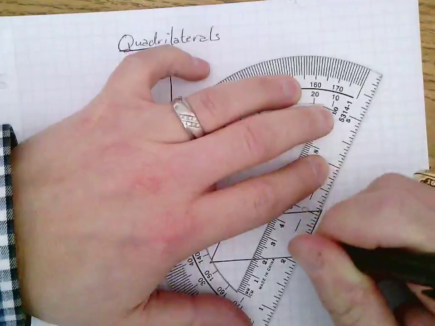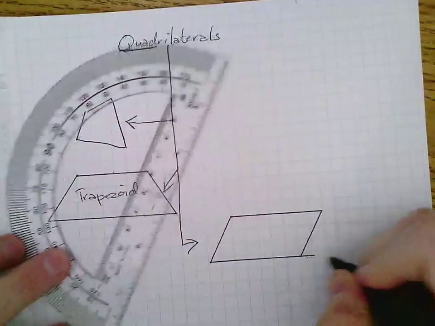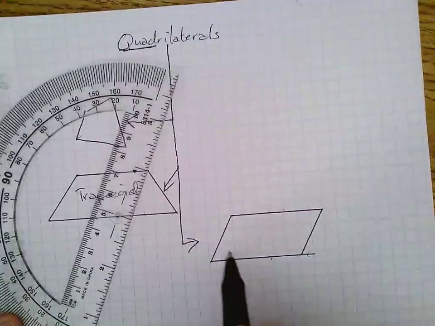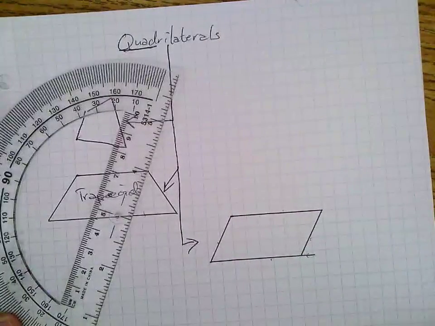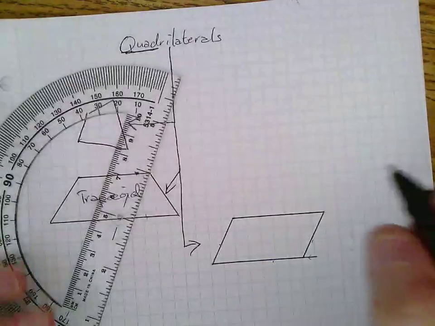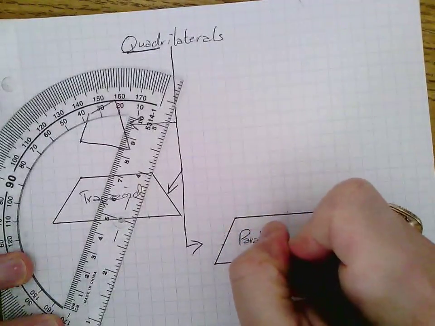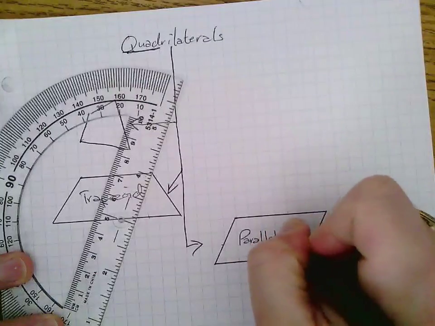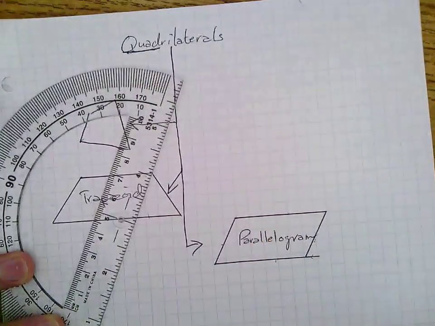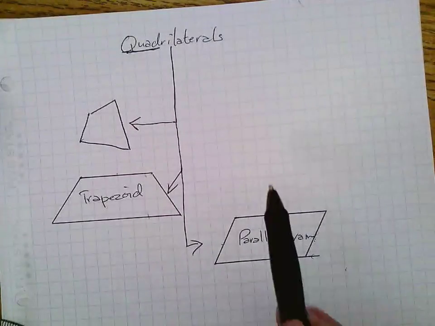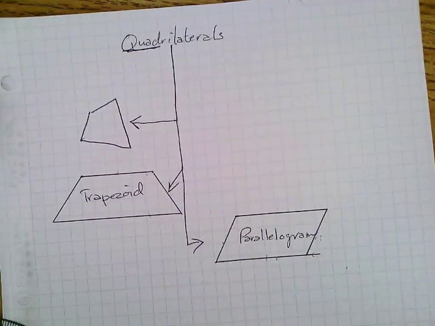Let me just disregard this little bit right here. So now we have these two sides are parallel, and so are these. Well, what are we going to call that? That's going to be a parallelogram. So that is a special kind of quadrilateral where both the opposite sides are parallel to each other.